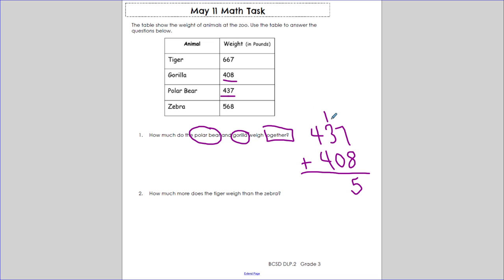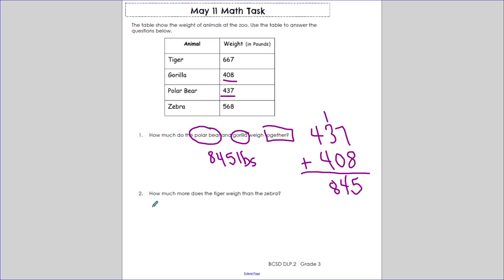Regroup. 3 plus 1 is 4, plus 0 is still 4. And 4 plus 4 is 8. So how much do the polar bear and gorilla weigh together? They weigh 845, and then we're going to label it with our units, which is pounds, LBS for short.